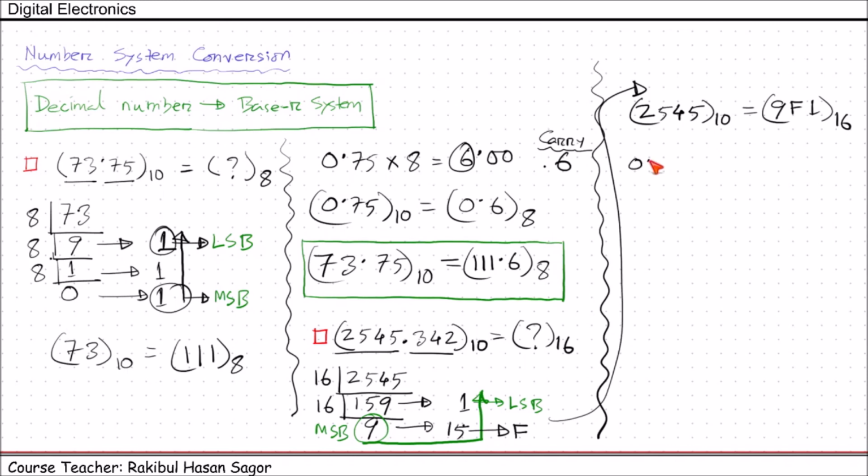Finally, let us deal with the fractional part, which is 0.342, and let's keep multiplying this number by 16. First, the result is 5.472. The carry, if we take it out, then 5 will be here and the fractional part can be brought here 0.472, which should be multiplied again by 16, and that will give us the result, which is 7.552.